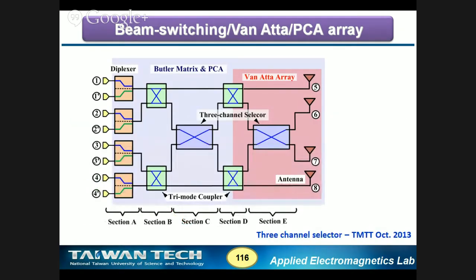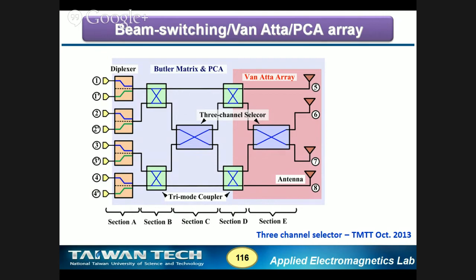So actually, we need some unique circuit component. And this circuit component will be quite different from the previous ones ever published in the literature. This is the core component in this tri-mode array. We call it the 3-channel selector.